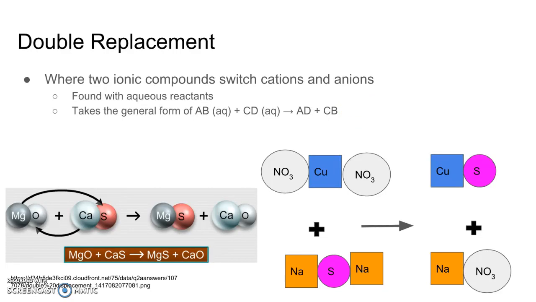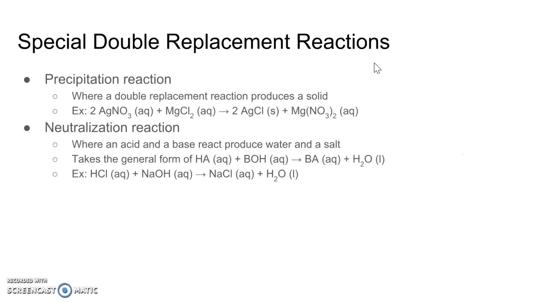But just as a general rule, something to take a look at when we're thinking about these different ionic compounds. So to briefly talk about those special types of double replacement reactions, precipitation reactions are exactly what they sound like. If I have a double replacement reaction and it produces one of them being a solid, in this case the silver chloride is what ends up being our solid in this particular precipitation reaction.